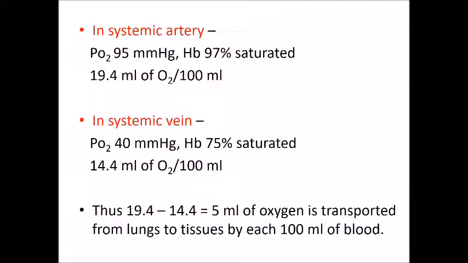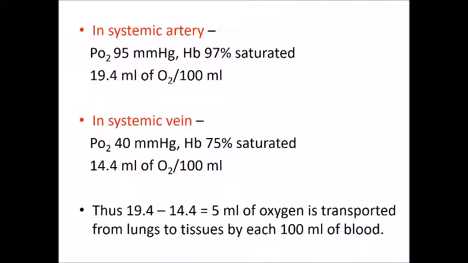Now if we discuss by locations, in the systemic artery, the PO2 is 95 mmHg, hemoglobin is 97% saturated, and blood contains 19.4 ml of oxygen in 100 ml of blood. Now when we go into the systemic vein, the partial pressure will be 40 millimeter of mercury, hemoglobin will be 75% saturated, and 14.4 milliliter of oxygen will be there in 100 ml of blood.